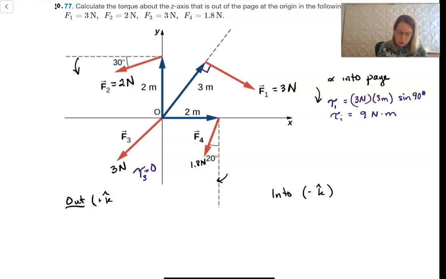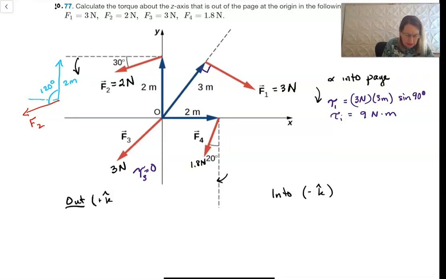And then torque for 2. Notice that we've got this angle here, so we can redraw what we've got. Here's force 2, here's the radius, the R of 2 meters, and the angle between them is now 30 plus 90, or 120 degrees.